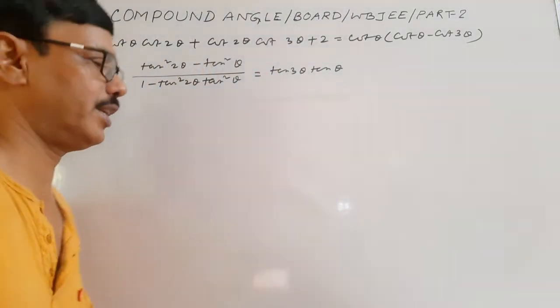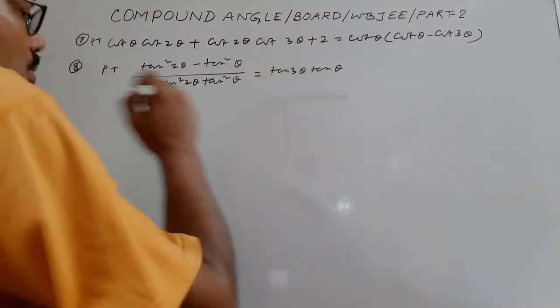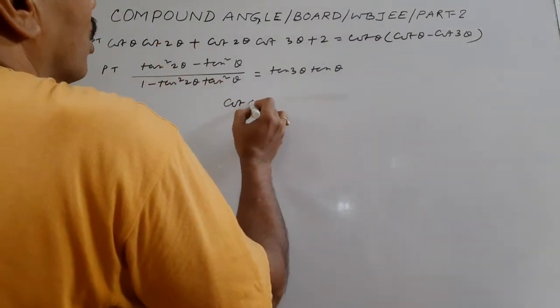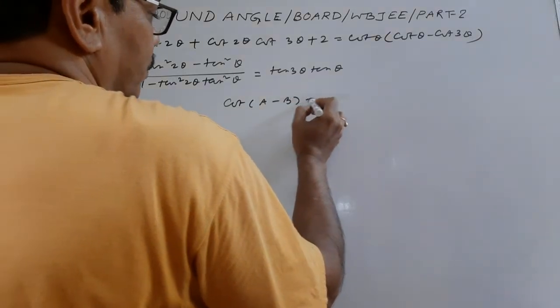So we use a result, try to recall. Here cots are given in terms of products. What is cot A minus B?